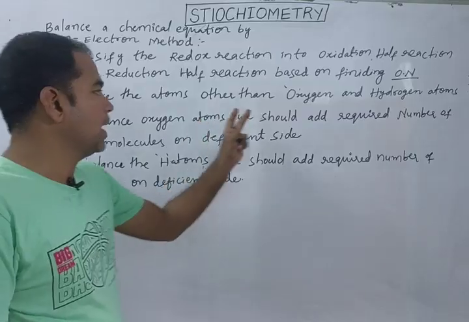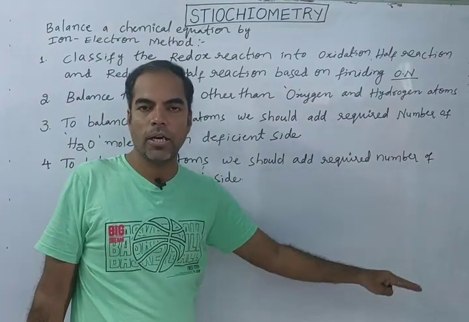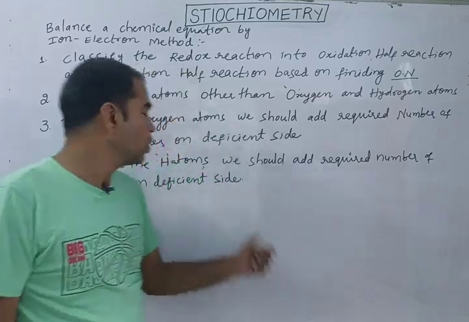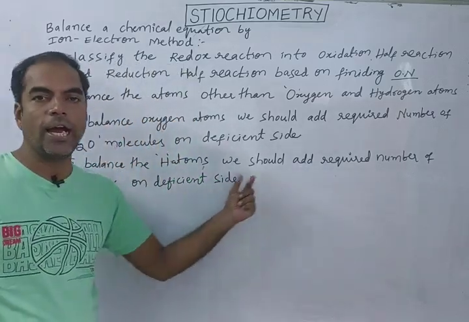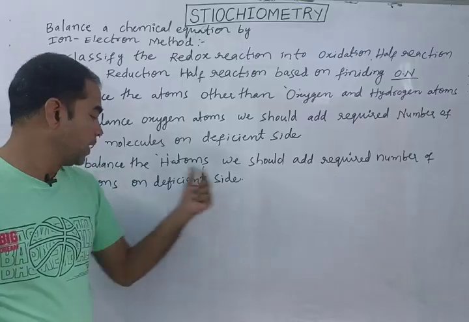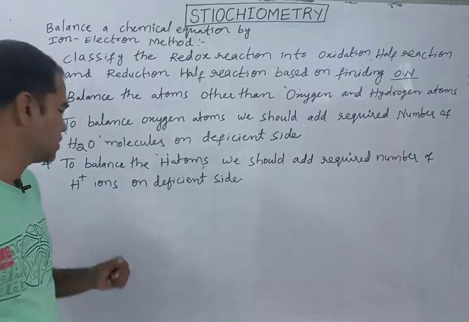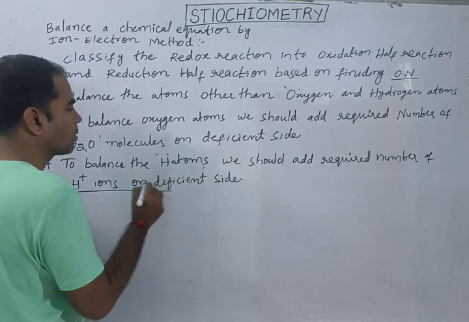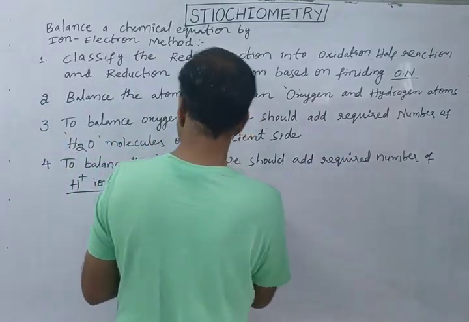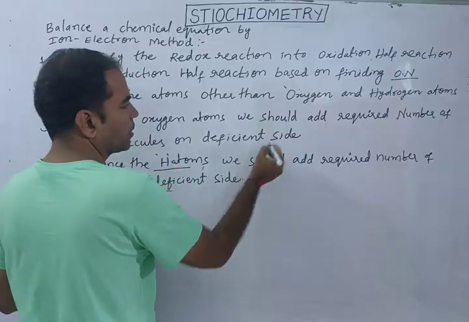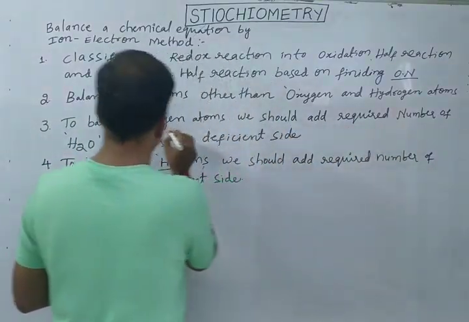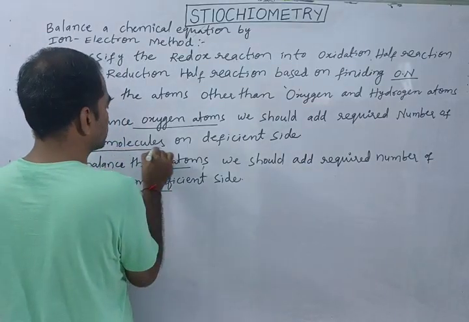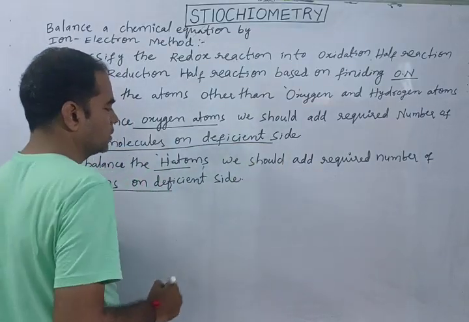To balance the oxygen, we add water molecules on the deficient side. To balance the hydrogen atoms, we add H plus ions on the deficient side.